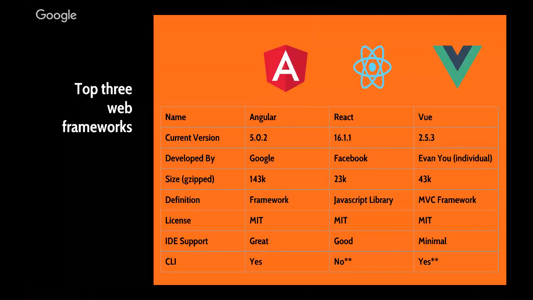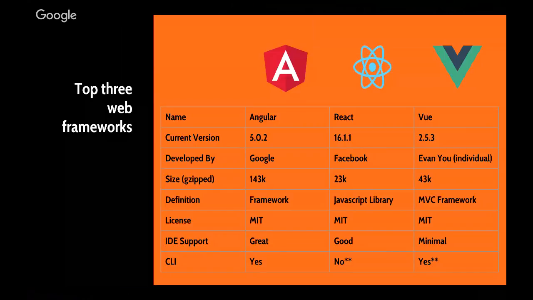The IDE support for Angular is extremely great. VS Code and WebStorm have a lot of integrations to help you with TypeScript. A lot of that IDE support comes with it being written in TypeScript, so it's able to jump to definition and all of that kind of stuff that you do in the Java programming language. You can do that with TypeScript. React is pretty good, it's not the greatest.